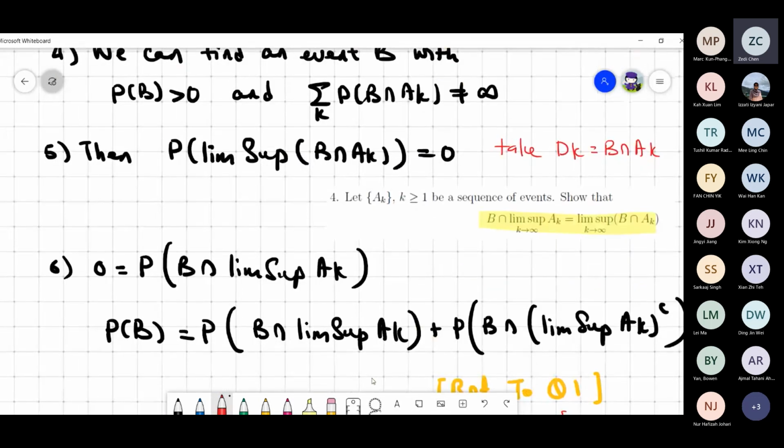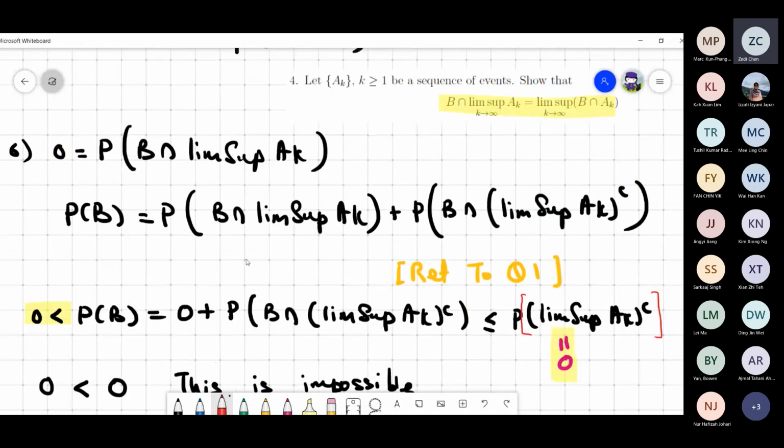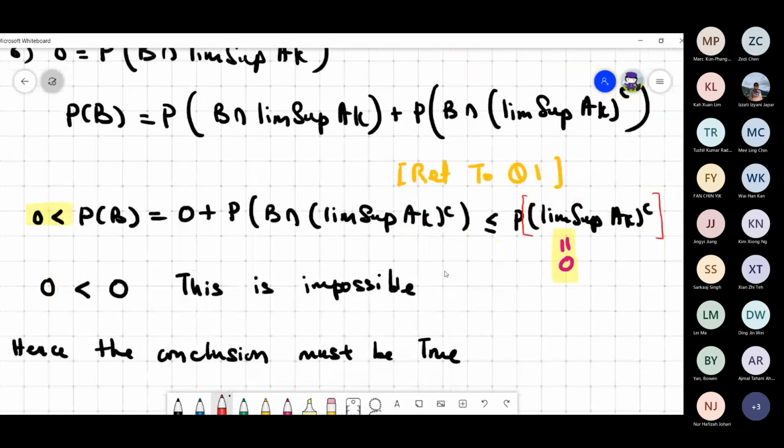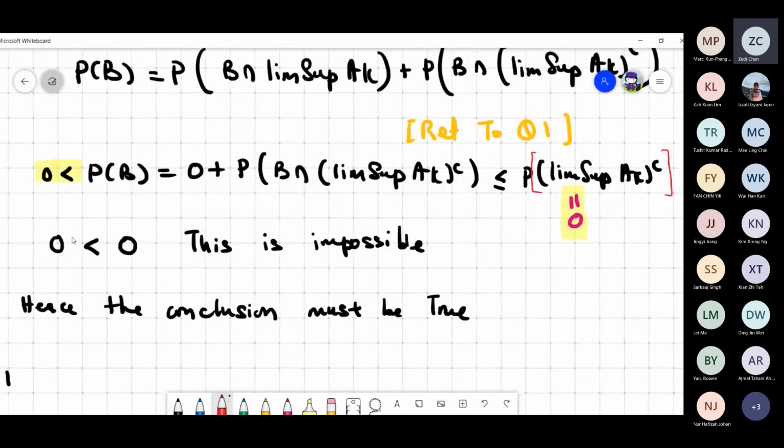And next, this is the phenomenon that we have discussed in question 1. So just follow all these calculations, so we can get 0 greater than 0. This cannot happen. So therefore, the conclusion must be true. That's the end of the proof.